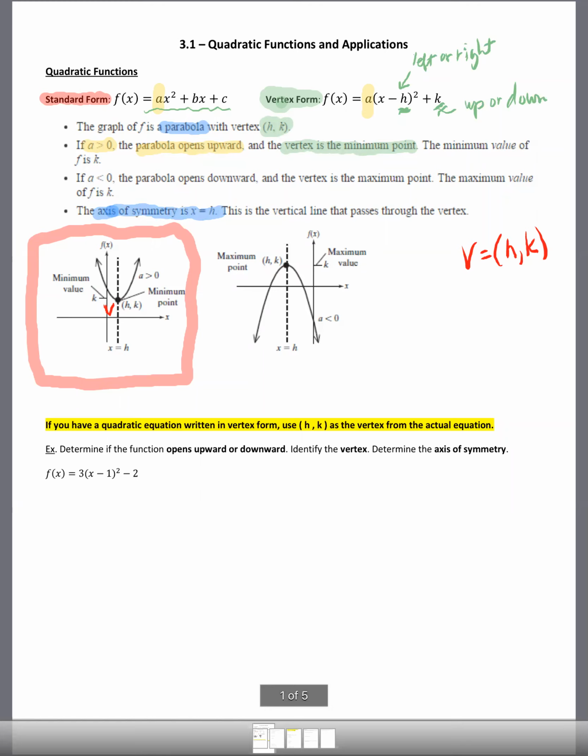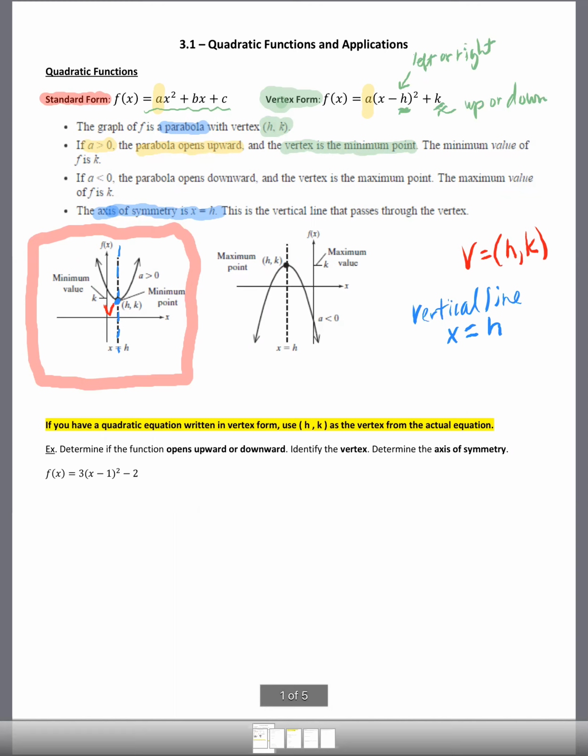If you go back to what we know about vertical lines, a vertical line, first of all, was not a function itself, but we describe a vertical line as x equals, and the vertical line, because it always goes through the vertex right here, this would actually be x is equal to the h value in the vertex.